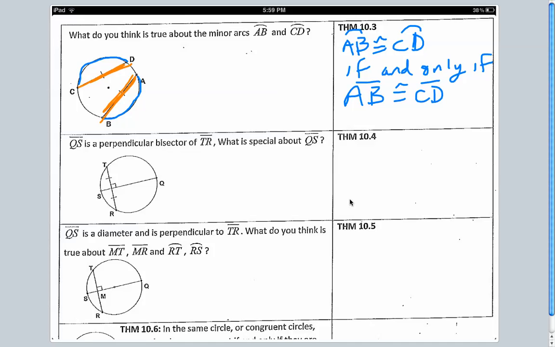QS is a perpendicular bisector of TR. What is special about QS? Well, let me tell you.